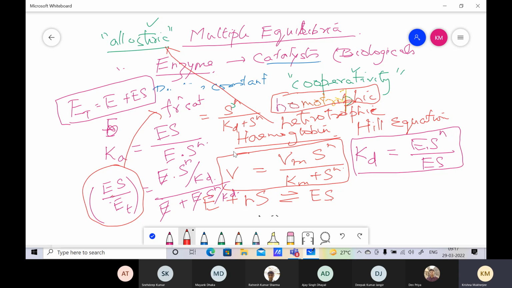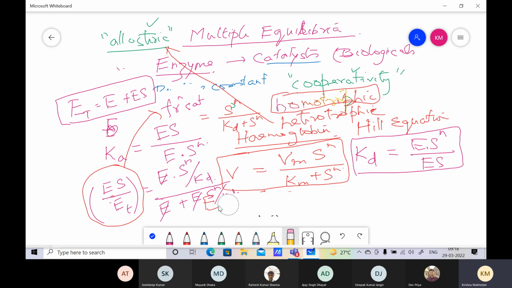Right? So this is the Hill equation, where KD is the dissociation constant. Now, why is this important? Because we can see that when you change substrate concentrations, and the graph of this equation, let us plot this out.